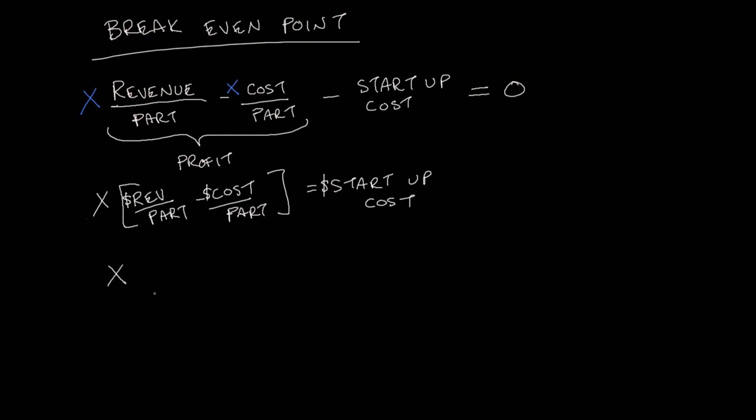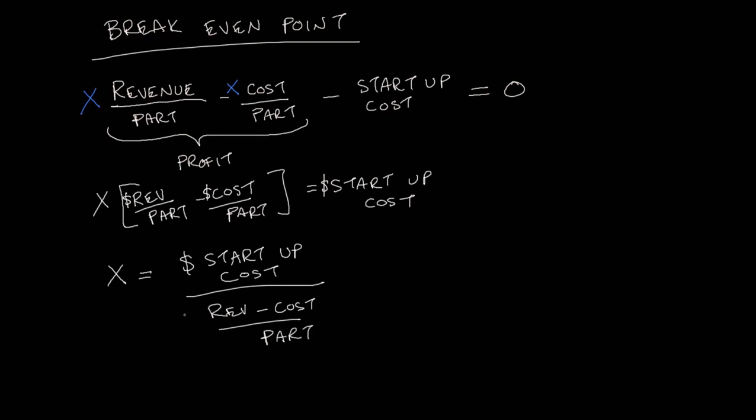So X number of parts equals startup cost divided by revenue minus your cost per part. And this is your dollar sign as well.